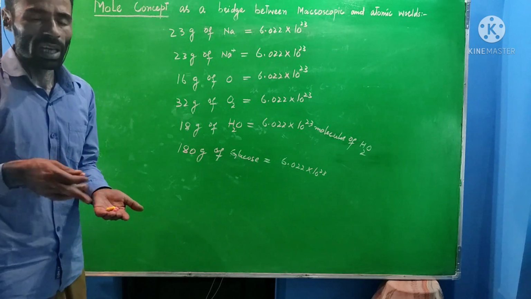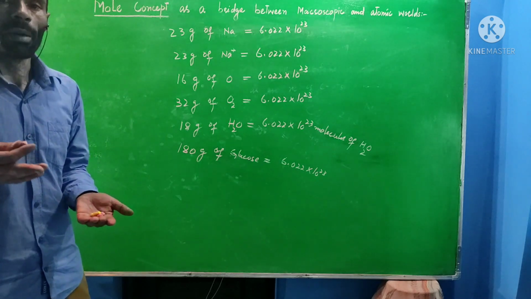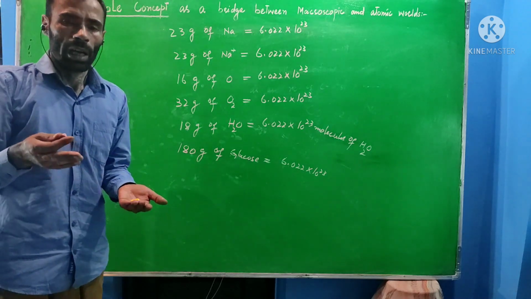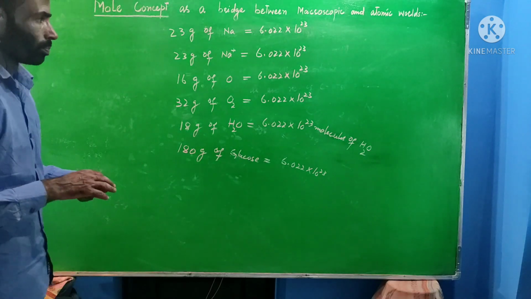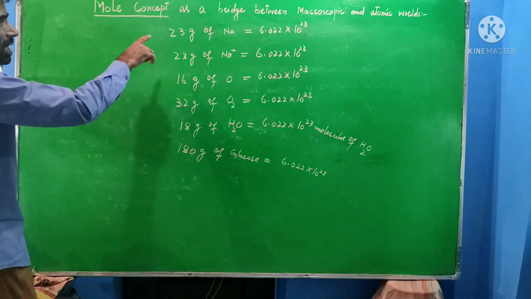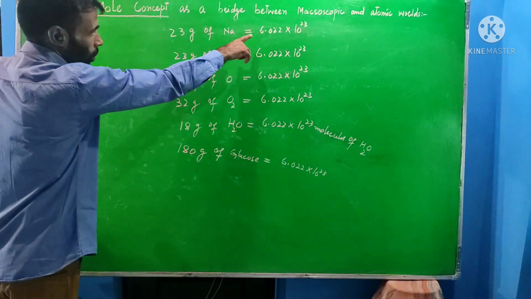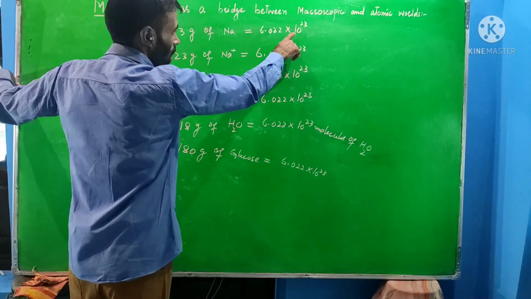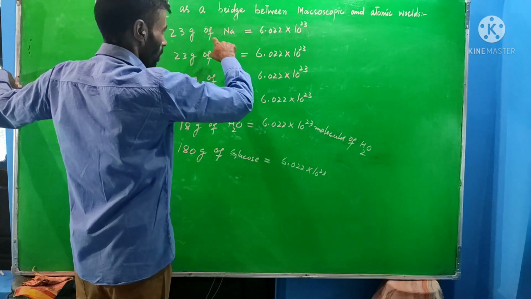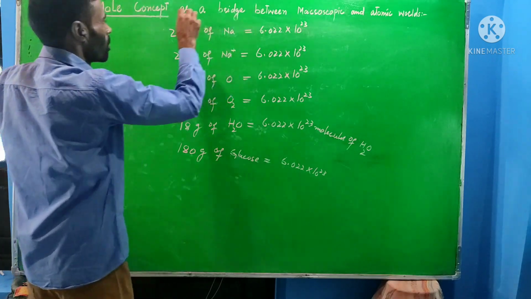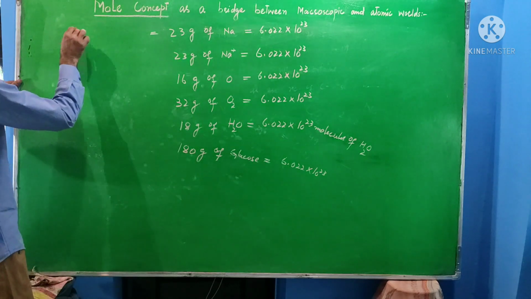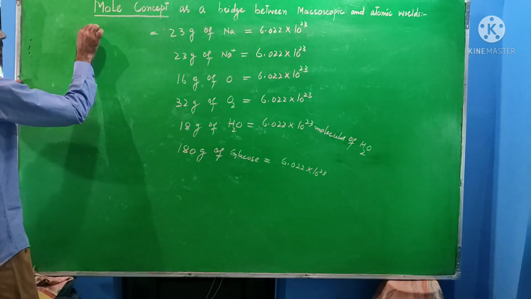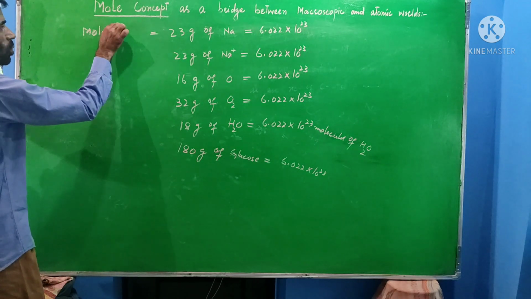That means they may be electrons, protons, atoms, molecules, or even ions. Now this mass of one mole, we call the molar mass of that substance. So this one we call the molar mass of sodium.